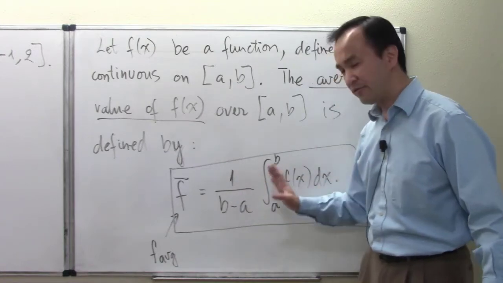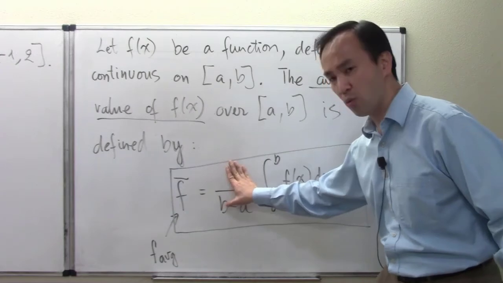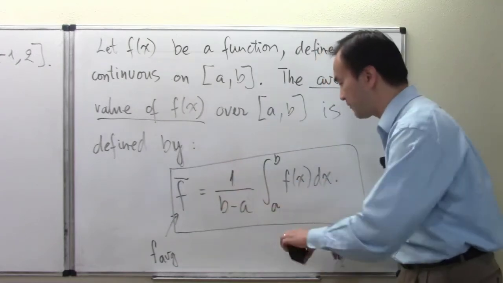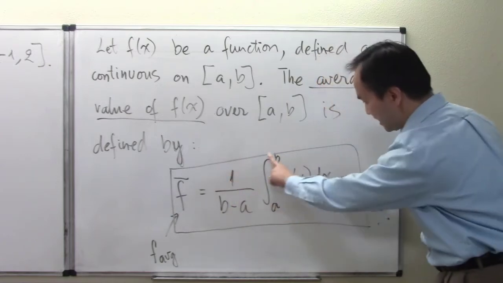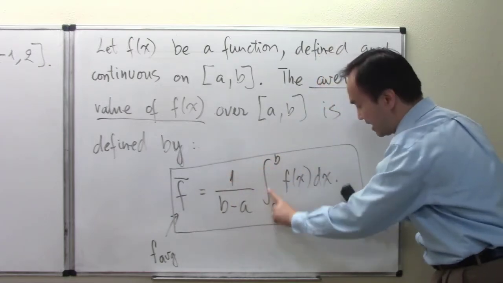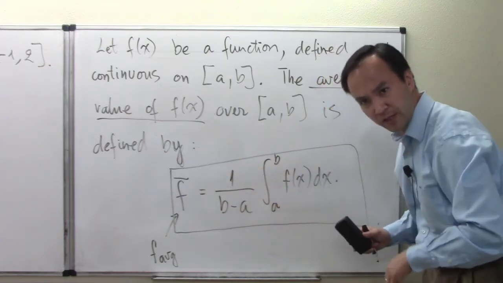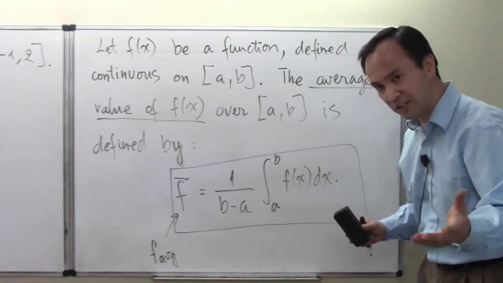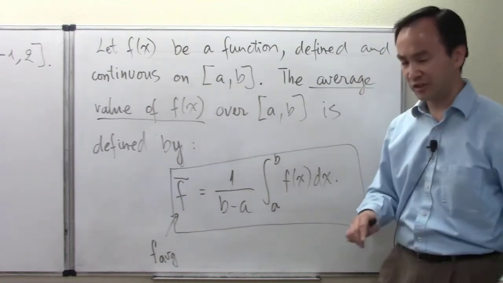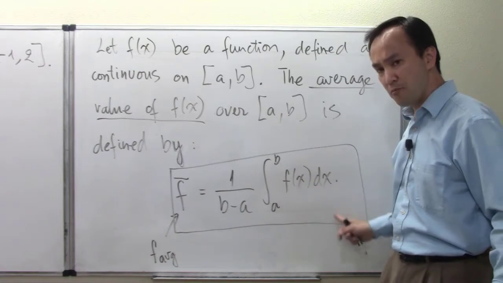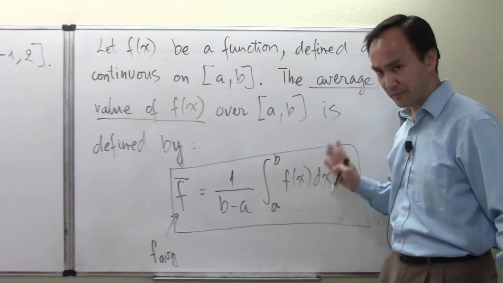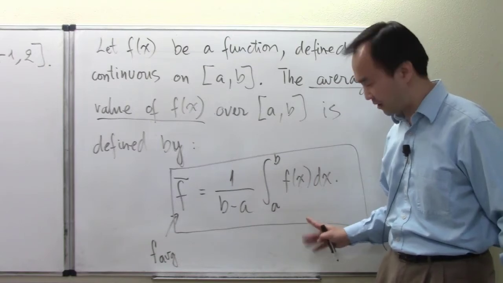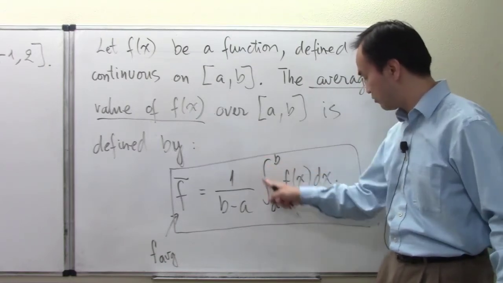Aside from that 1 over b minus a, this part right here is entirely a definite integral. I discussed in one of my earlier lectures that a definite integral must always give a numerical value, not a variable expression.